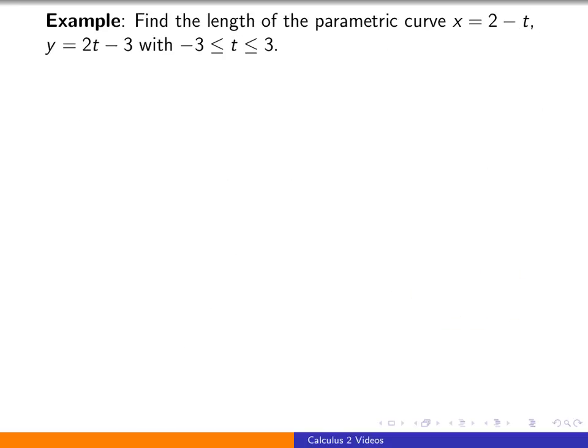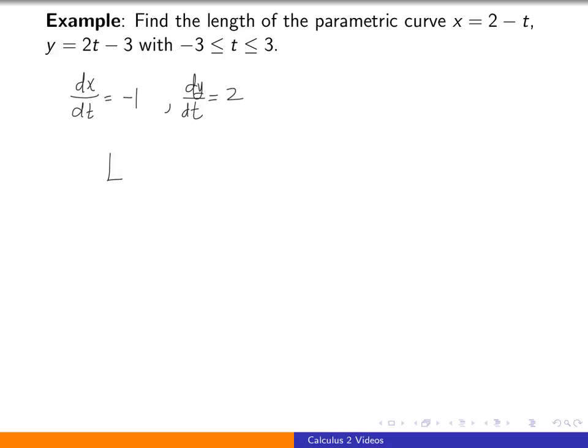So, one additional example using the arc length formula. Let's find the length of the parametric curve given by x equals 2 minus t, y equals 2t minus 3, as the parameter value varies from minus 3 to 3. The two ingredients we need here are dx dt, which would be minus 1, and dy dt, which is 2.